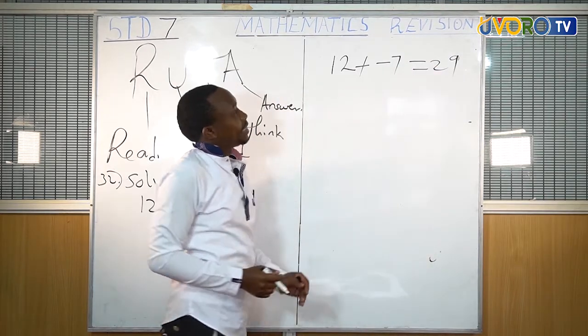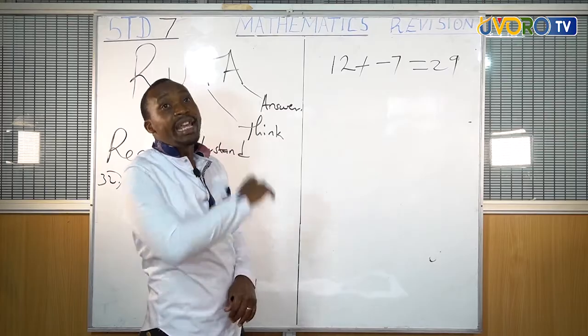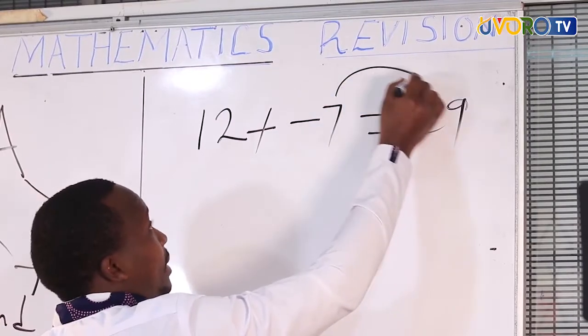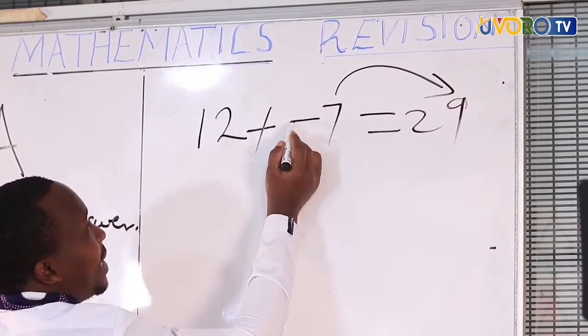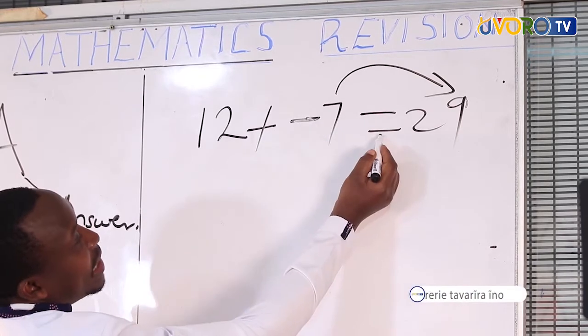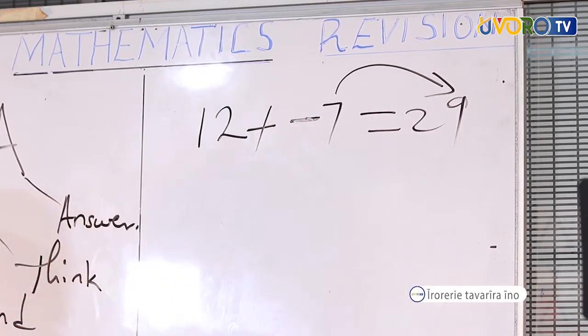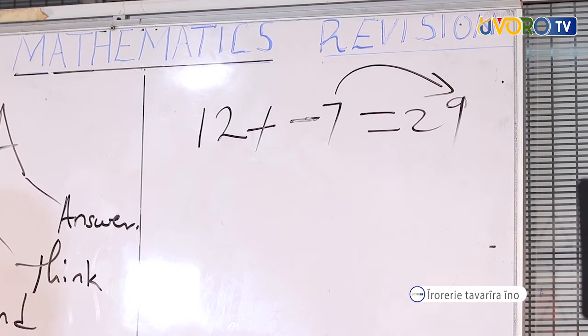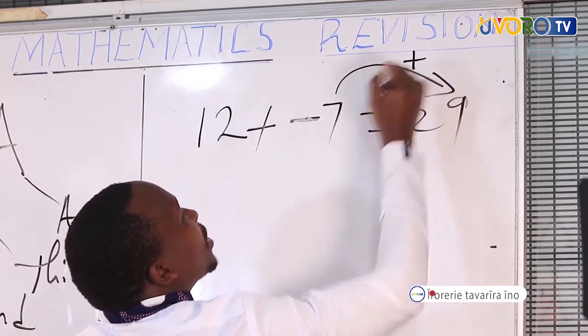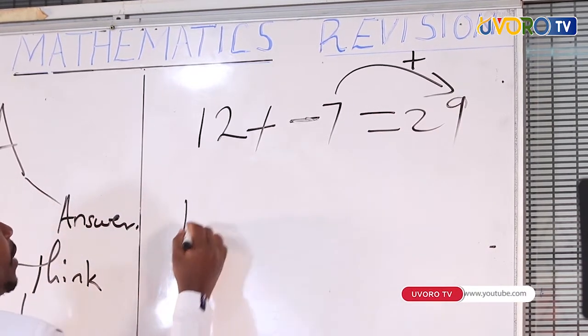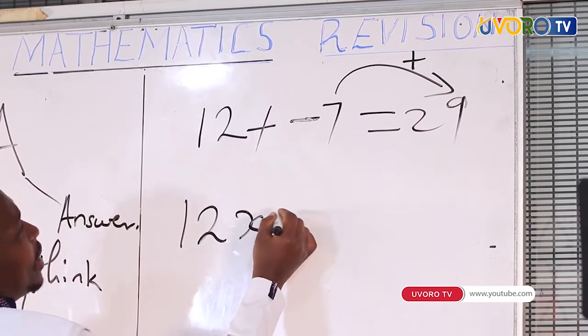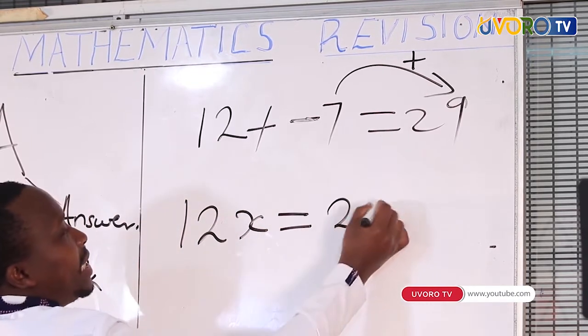Now, we are supposed to take 7 to the other side. What happens when a negative sign crosses the equal sign? Yes, very good. It becomes a positive. So it will be 12x equals 29.